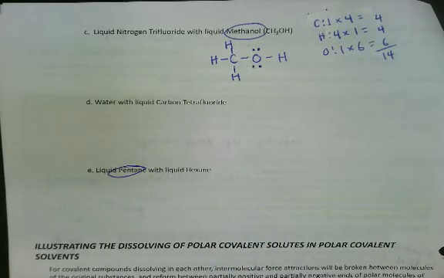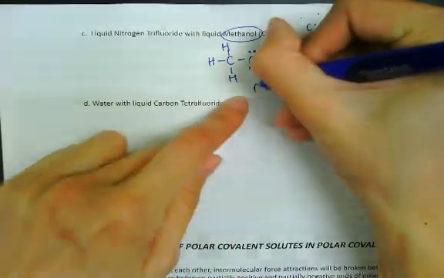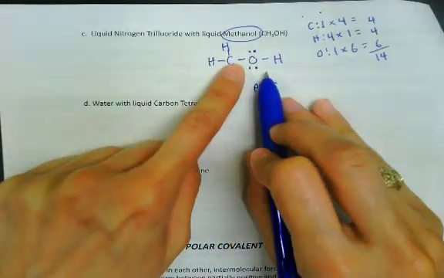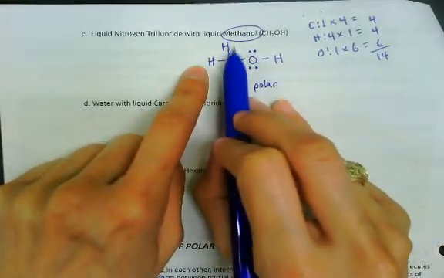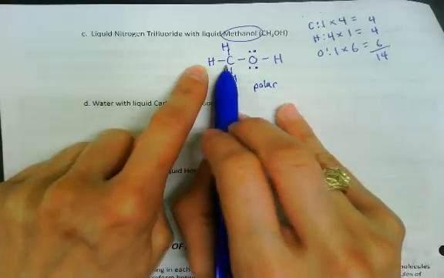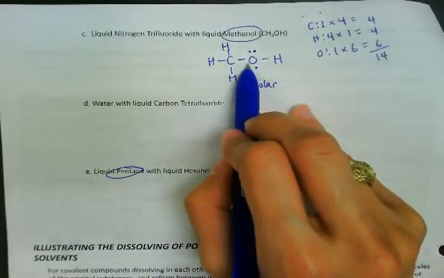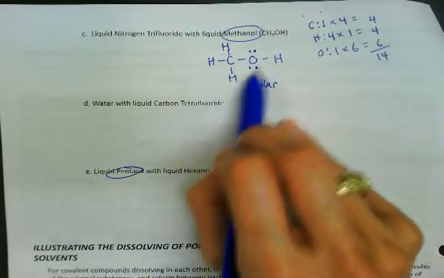So would we classify this guy as polar or non-polar? What do y'all think? It is actually going to be polar, okay? So this little OH over here off to the side, you have an H, an H, an H, but you don't have an H bonded to the carbon over here. You have this oxygen.